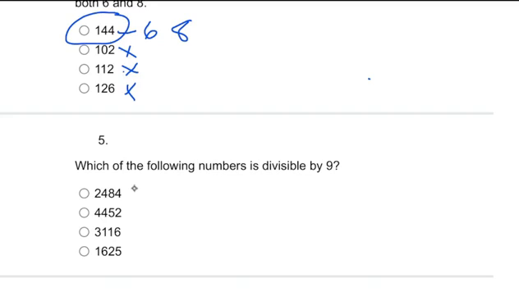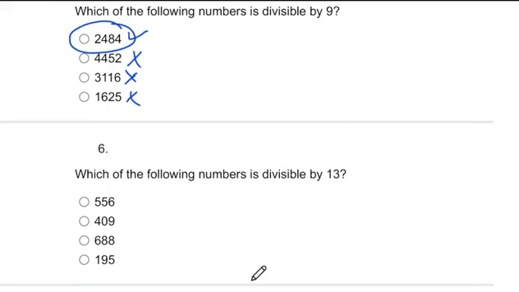It's divisible by 9. All right. For the next, the sum is 15. 9 cannot divide 15. This one is 11. 9 cannot divide 11. This one, 7 plus 9, plus 4 is 14. So the answer is A.